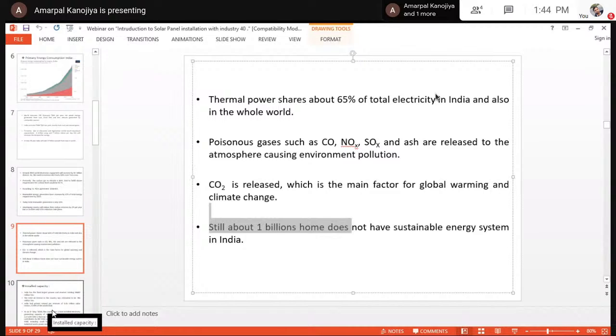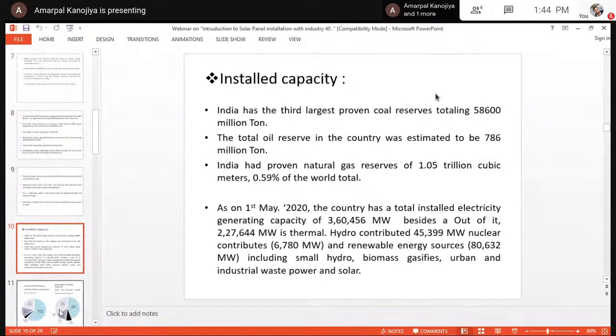Now, here there is some data based on the installed capacity of India. We have approximately a coal reserve capacity of 58,600 billion tons.